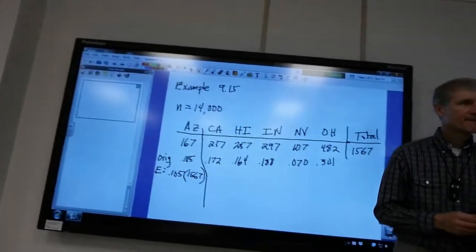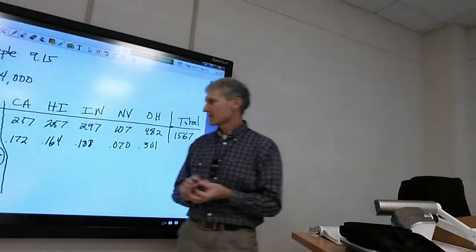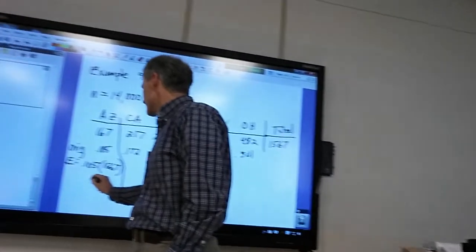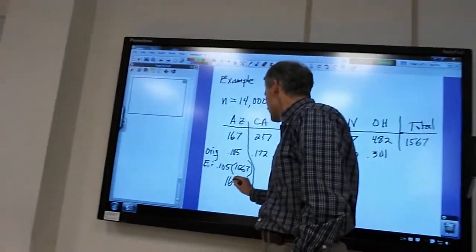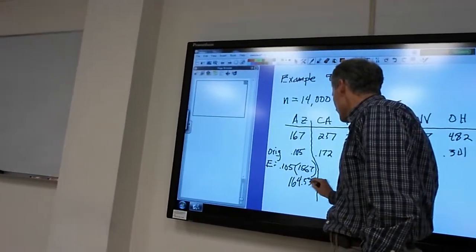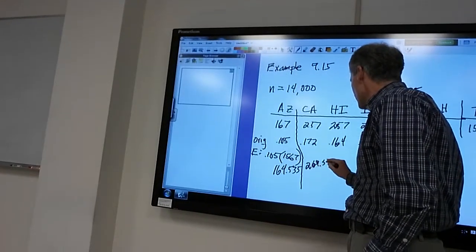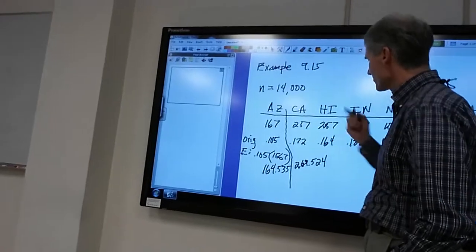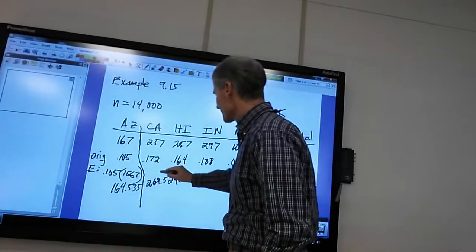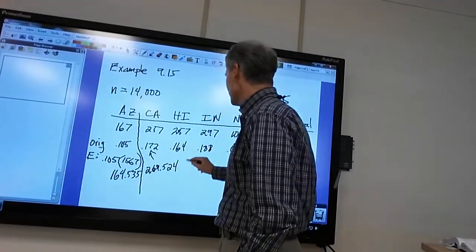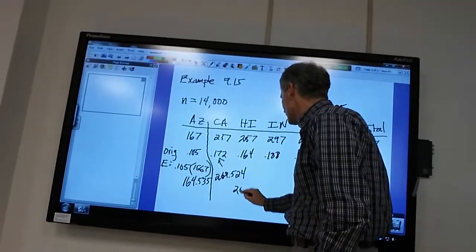What's that? You ready for it? Sure. It's 164.535. 164.535. 269.524. I can't write small with this. So this one goes here. 256.988.